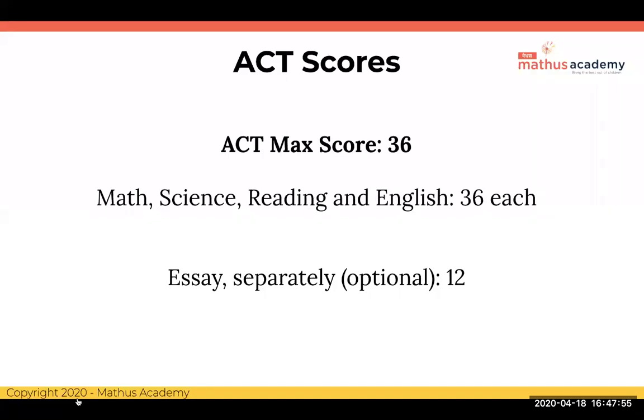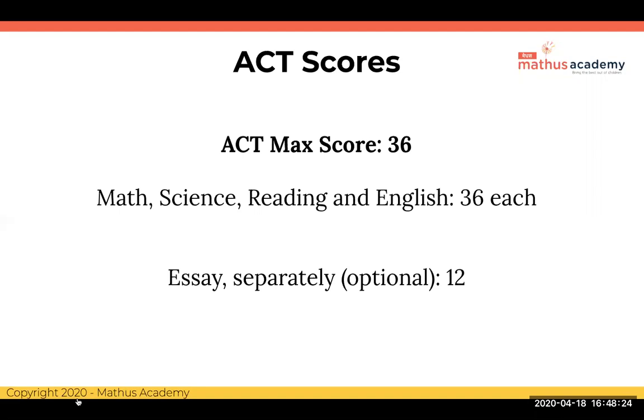And then the total score is not the sum of the scores, but the average of the scores. So let's say you got a 34 in math, 32 in science, 31 in reading, and 35 in English. Your overall score might be 34 or 33.